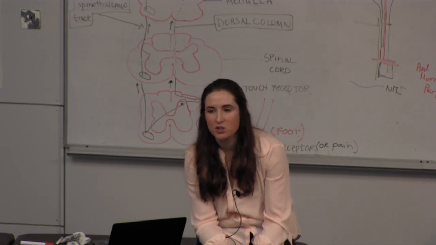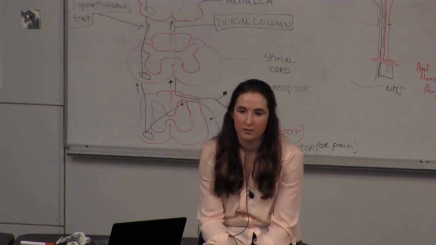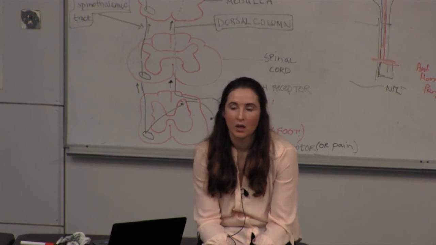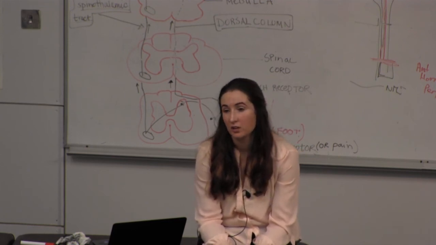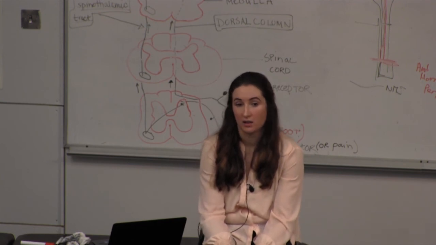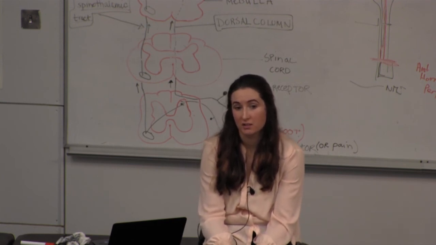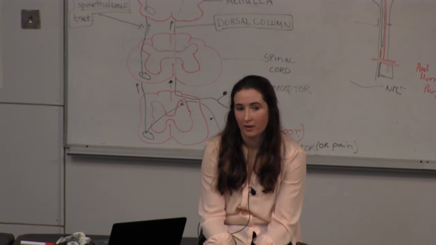When you do pain and temperature, it seems to be more obvious than in dorsal columns. And the pain and temperature loss is worse in my cervical and thoracic regions than it is in my lumbosacral regions. What do I have? A central cord syndrome. Is everyone clear on that?